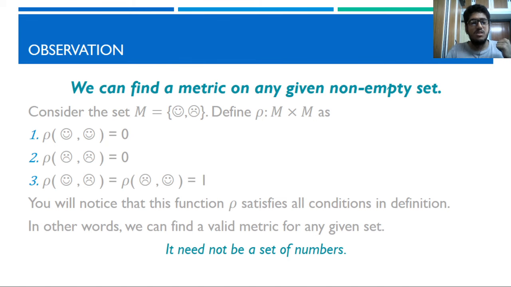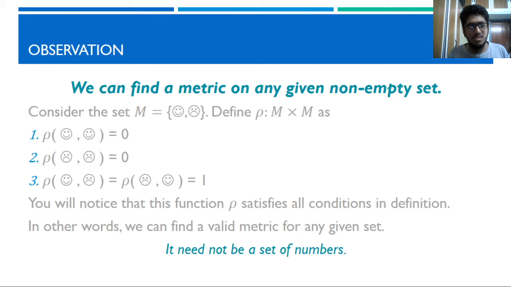Let's make one more observation. We can find a metric on any given non-empty set. I just wanted to catch your attention, so I put two smileys, a smiling and a sad face, and I've defined a metric on it. It turns out it satisfies all the properties.